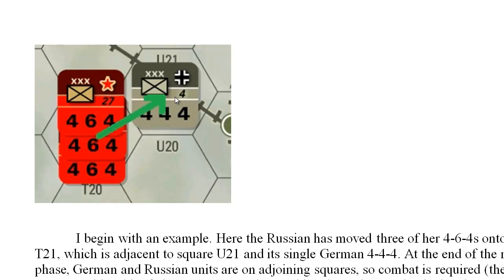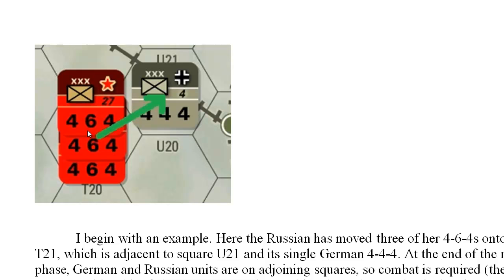Because Russian and German units are in each other's zone of control, namely these units are in the zone of control of this unit, and this unit is in the zone of control of these units, there must be combat. The general rule is that every unit in the zone of control of an enemy unit must either be an attacker or a defender.